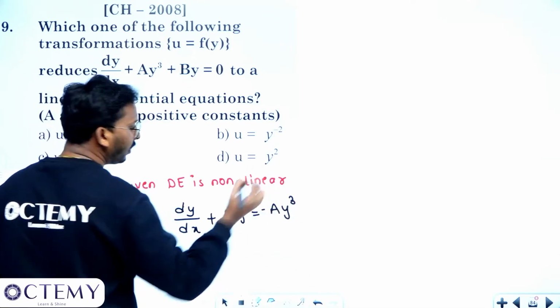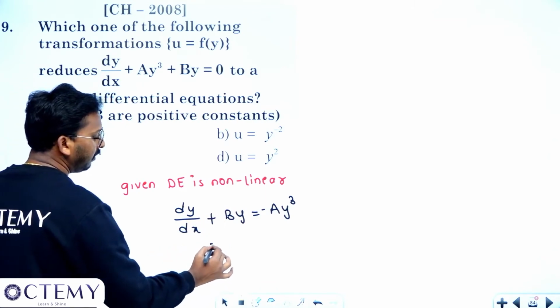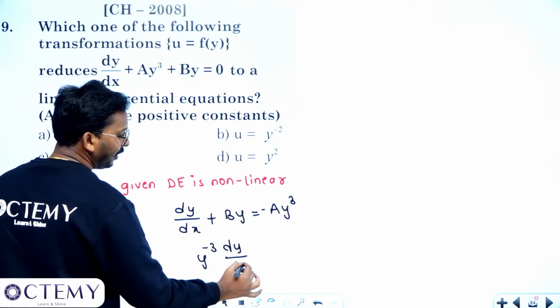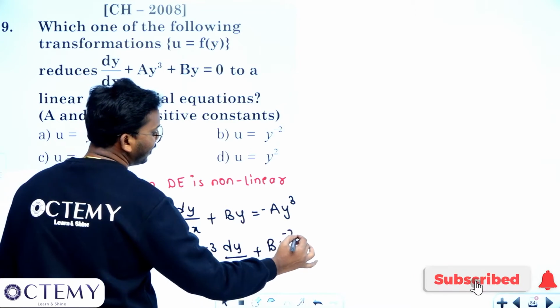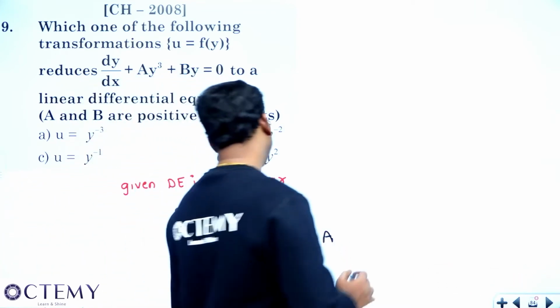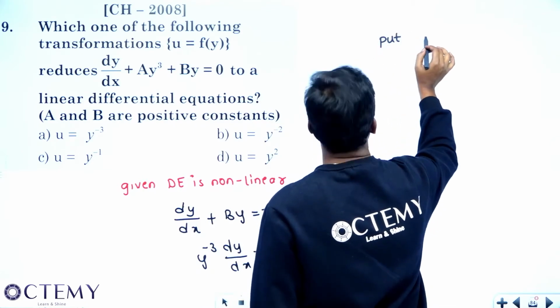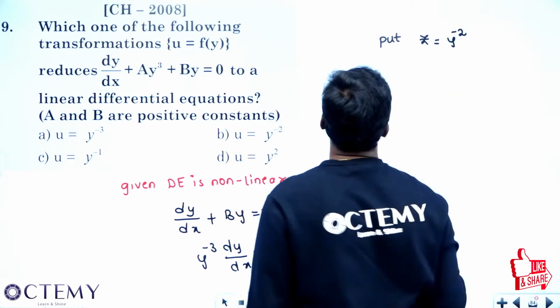Yes, definitely you can write it. And can I divide it with y³? Yes, this will become dy/dx into y to the power minus 3 plus b into y to the power minus 2 is equal to minus a. Now can I put z is equal to y to the power minus 2? Yes, I can do that.